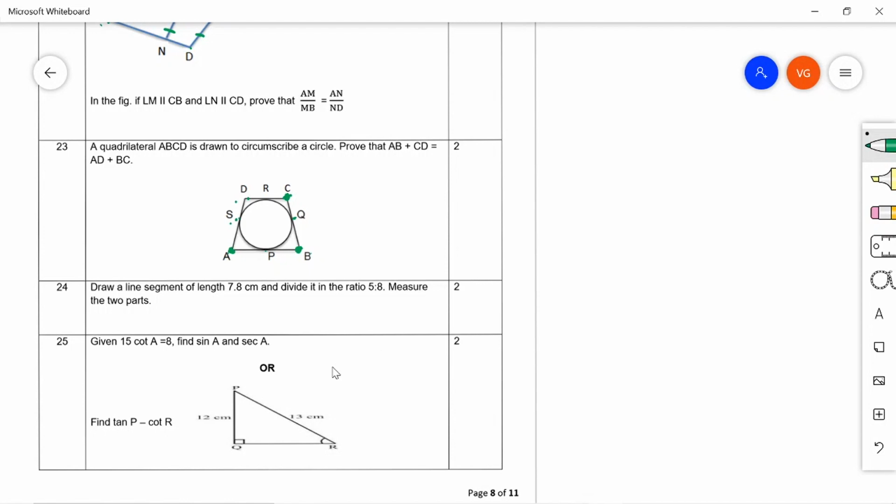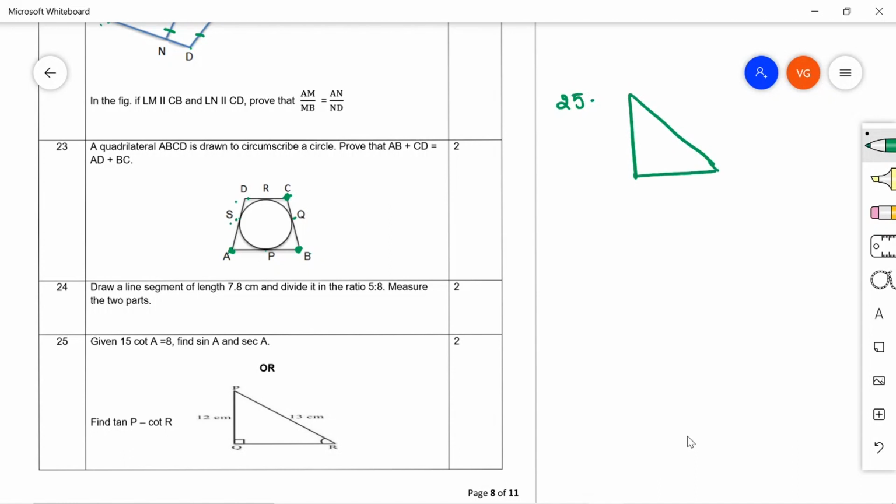Coming to 25, you have an internal choice here. These two questions are based on trigonometry. So let us see. The first one they have given is 15 cot A is equal to 8. Then find sin A and secant A. For cot A, first you have to draw the right angle triangle.